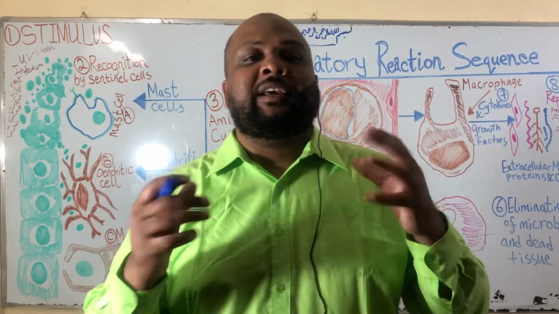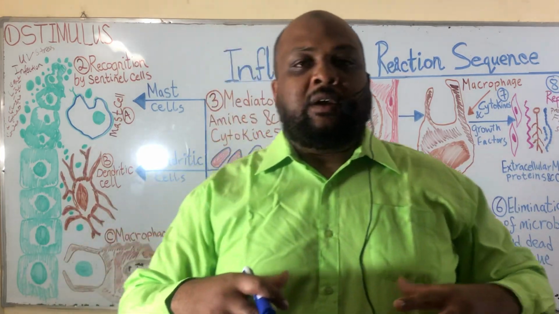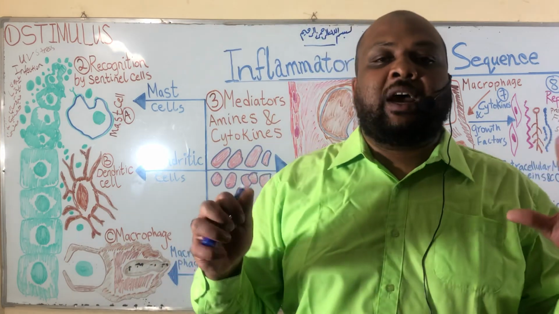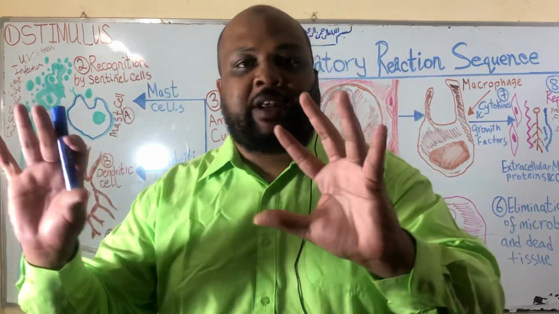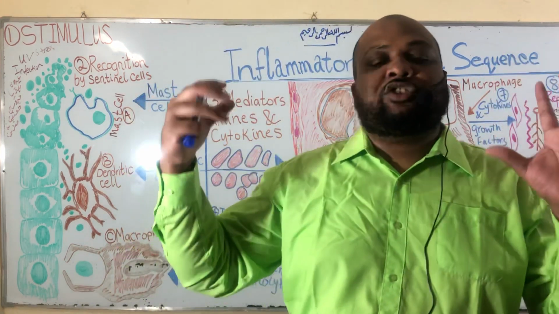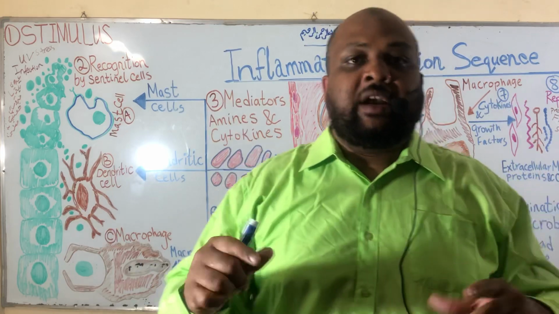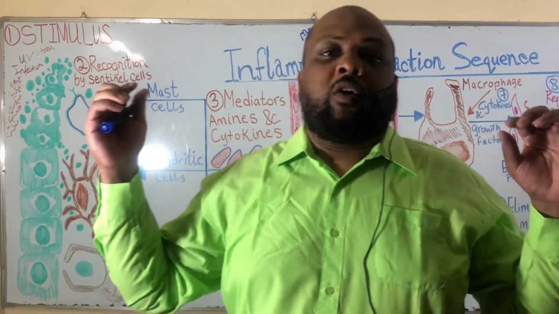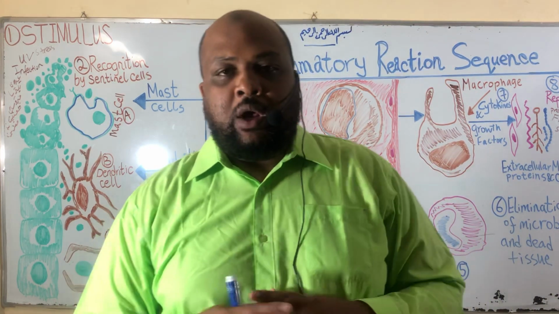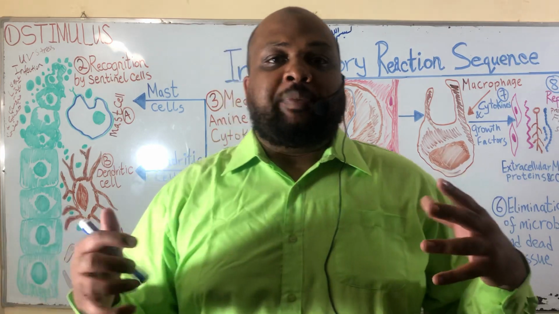Now the cell is already equipped with built-in systems that counter the stressful stimuli and cause it to subside. However, if the intensity of that stimuli is very severe, if the duration of that stimuli is just so long, then the cell will be overwhelmed.